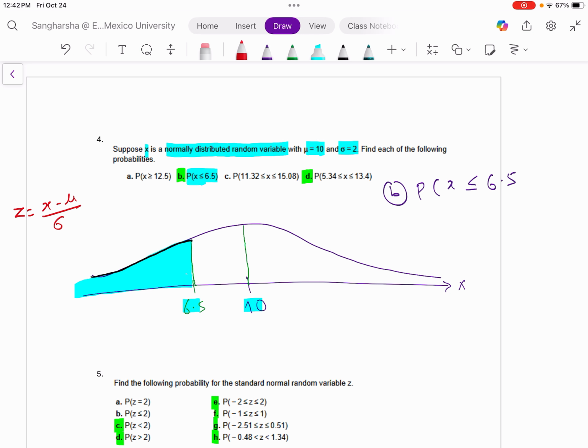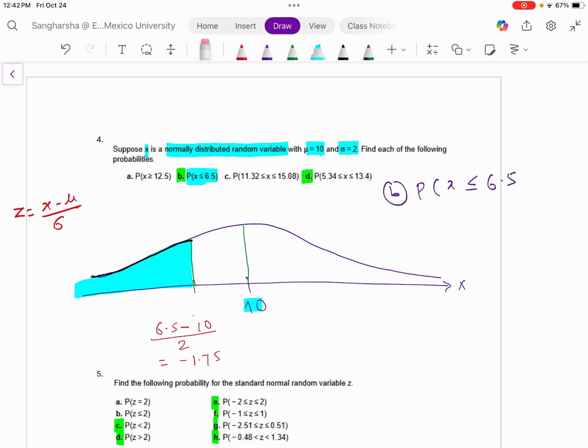So here our x is 6.5, so 6.5 minus mu, which is 10, divided by sigma, which is 2. That is 6.5 minus 10 divided by 2, which is negative 1.75, and the z for the mean is always 0.